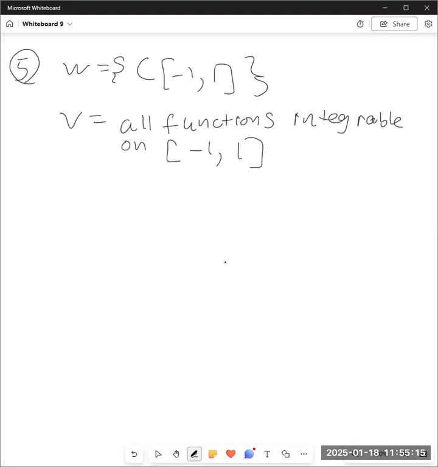Capital C refers to sets of functions that are continuous on a particular interval. I don't know that I have an abbreviation for integrable functions.